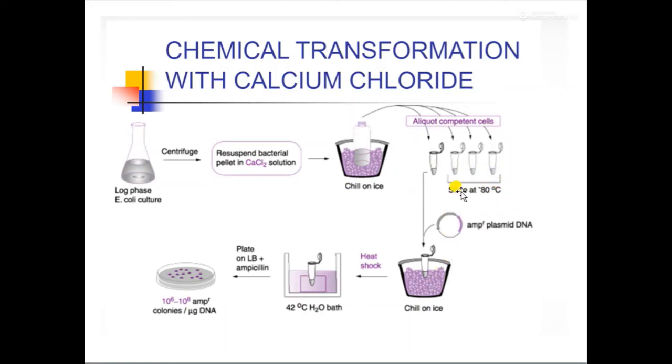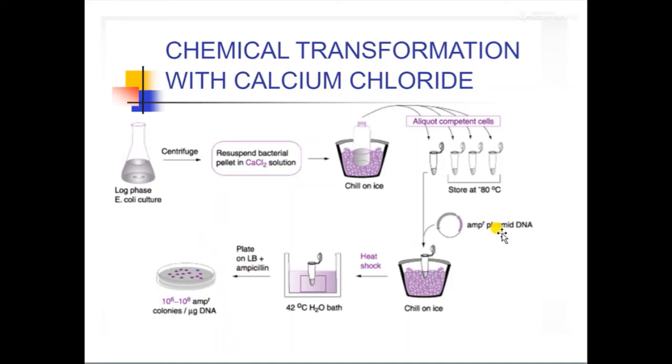And when you need to transform your recombinant DNA into the E. coli cells, you take the recombinant plasmid and inoculate it into one vial of the E. coli competent cells, keep it on the ice for some time, and then you give it a heat shock in a 42 degrees centigrade water bath, and after that you plate them onto the selective media.